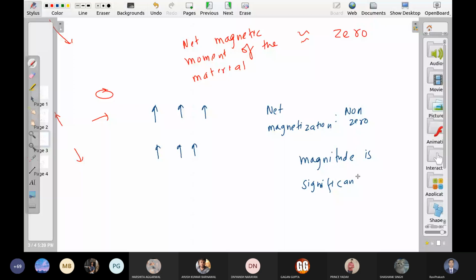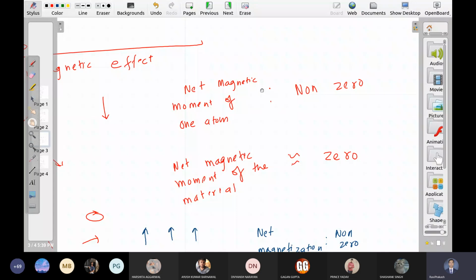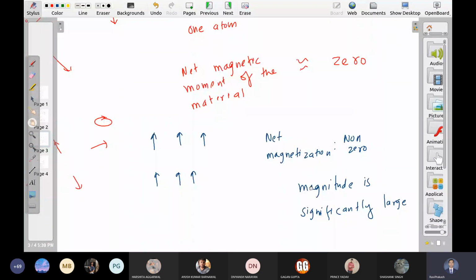Okay. So this magnitude is so large that you can ignore such a small diamagnetic effect. With respect to this effect, the reverse magnetic field created by the diamagnetic effect, you can ignore it.